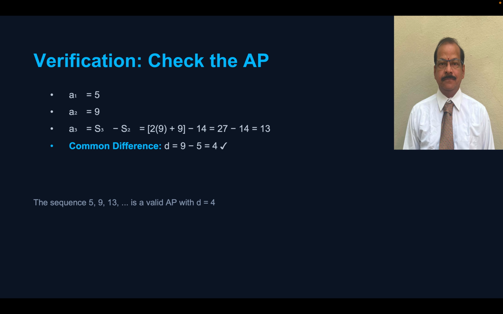Now the common difference, if you see, 9 minus 5 is 4, 13 minus 9 is 4, and so on. Therefore, the sequence we get is 5, 9, 13, etc. This is a valid AP, arithmetic progression, with common difference 4 and first term 5.